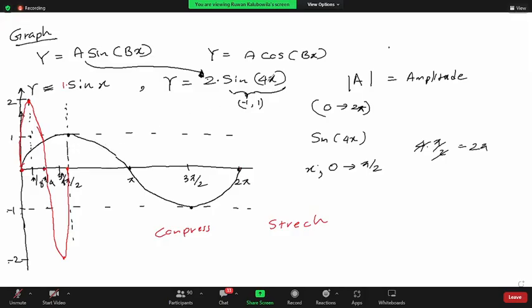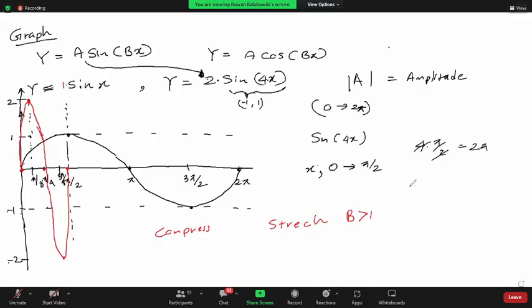If you have a number inside with x greater than 1, that means you are going to compress the original sine curve. And you have to understand this also.